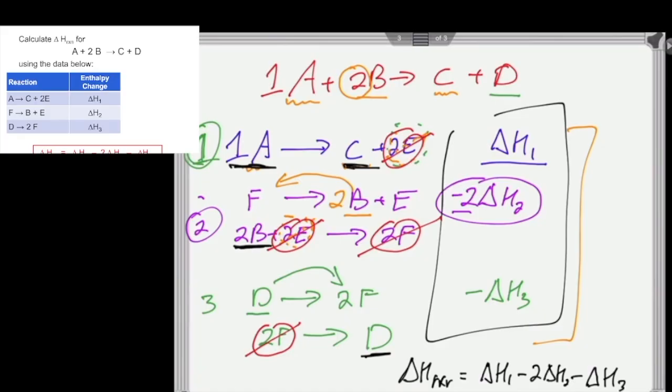Yeah, Carmen. Sorry, can you explain how in the second step you got a 2B, 2E, and 2F again? Remember, the original chemical equation for number 2 is F, B, and E, right?